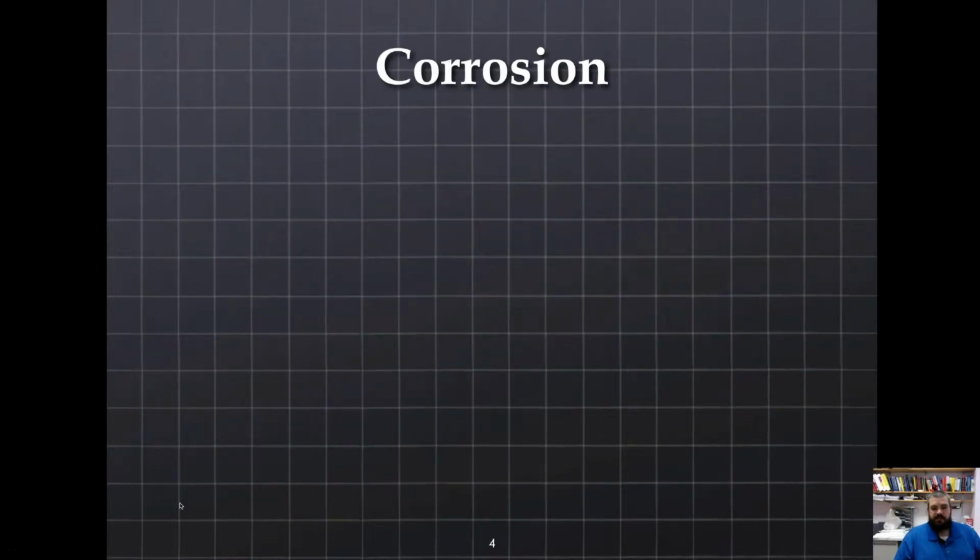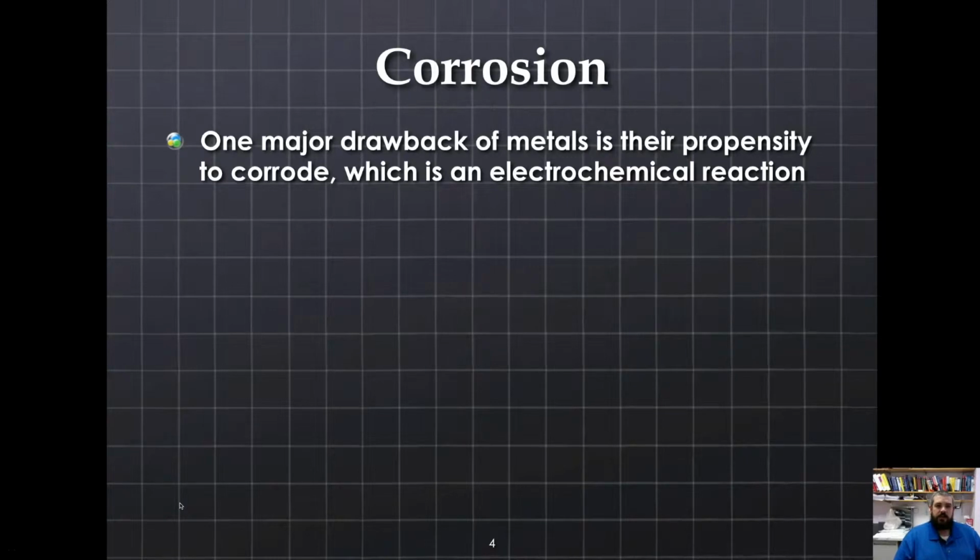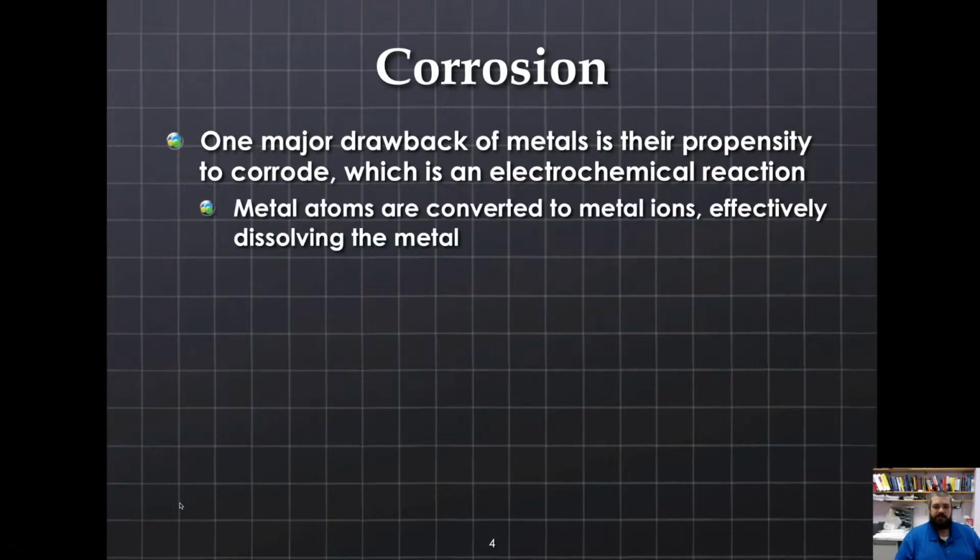That leads me to a discussion on corrosion, which is essentially the primary drawback of metals, because they're really likely to corrode, and that corrosion is what we call an electrochemical reaction. A material that corrodes will lose structural strength and is no longer useful if it's susceptible to corrosion.